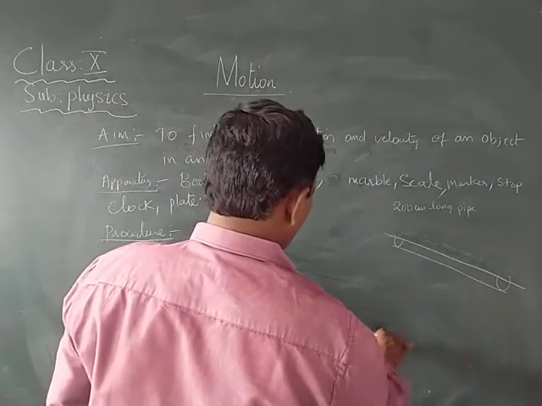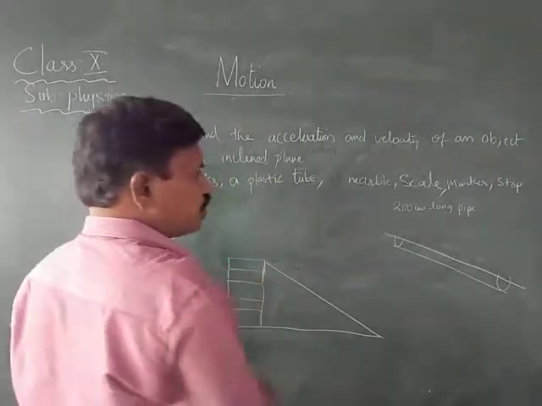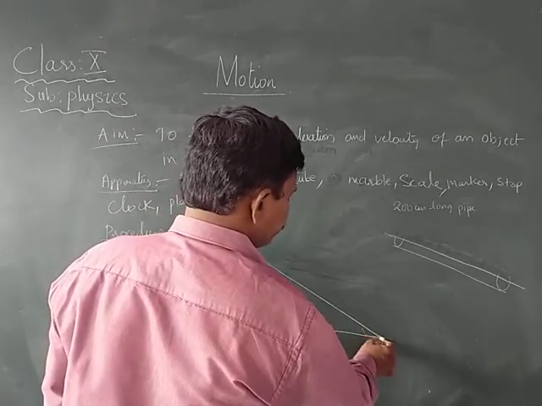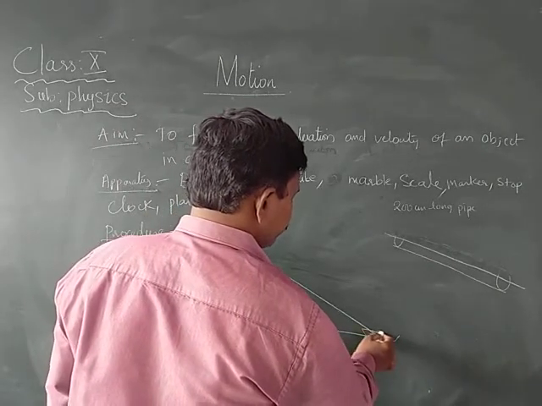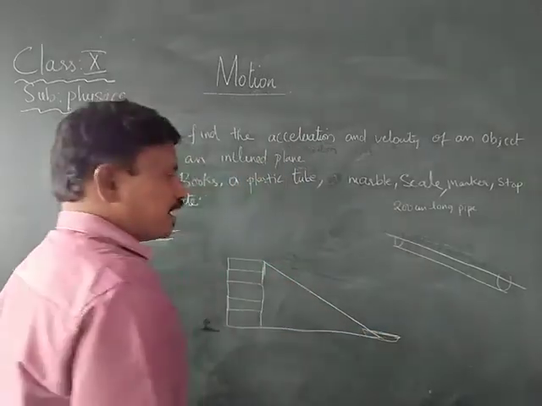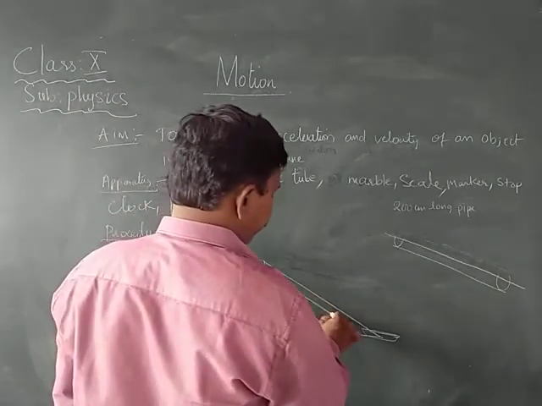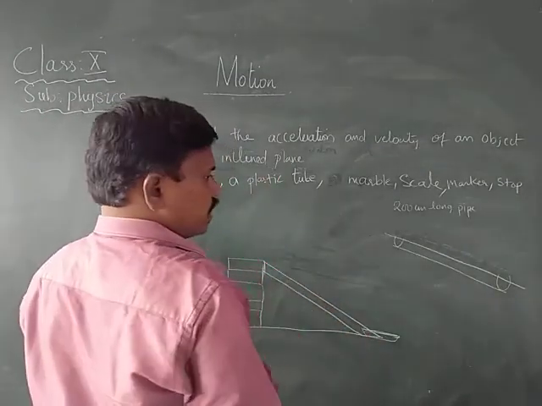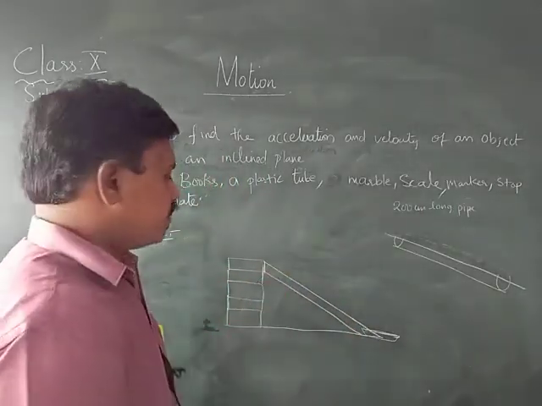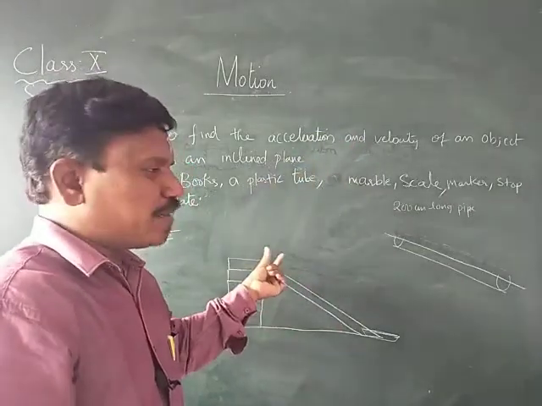Keep one end of the pipe on the top of the books. At the other end you keep a plate. And take a glass marble such that it can fit into that pipe.